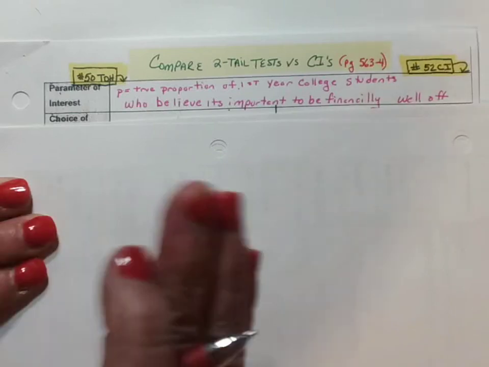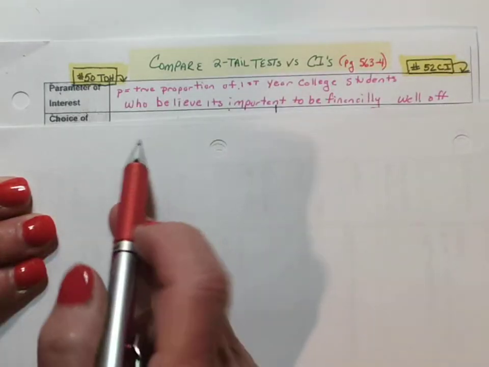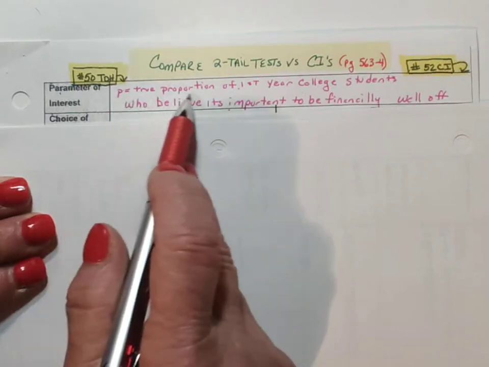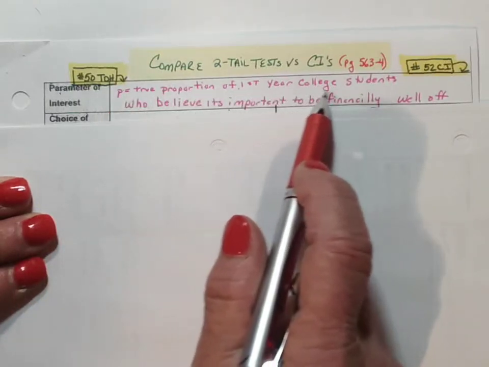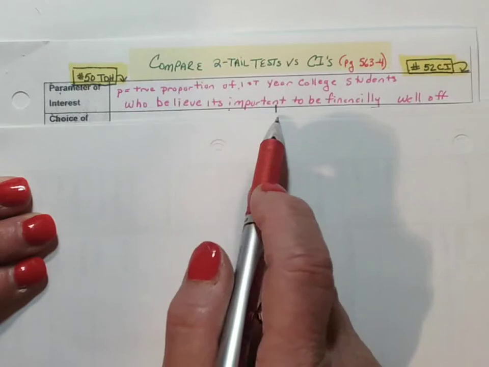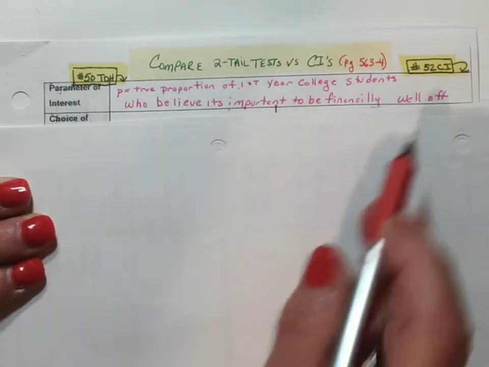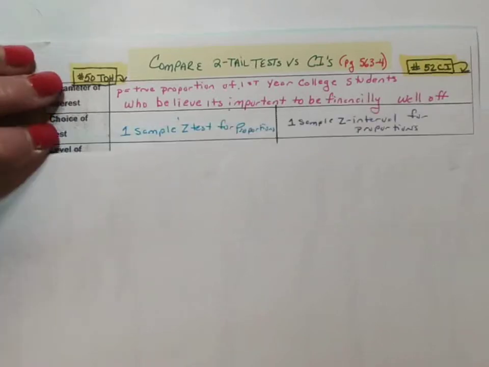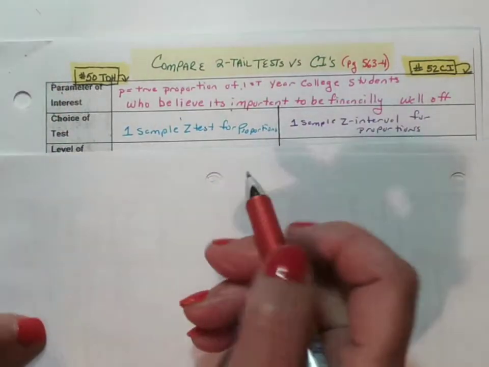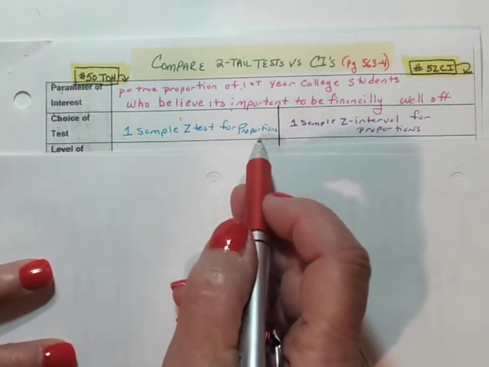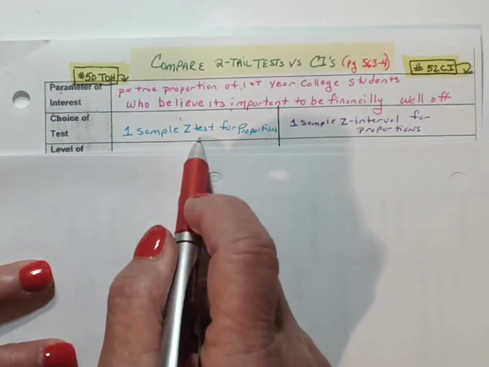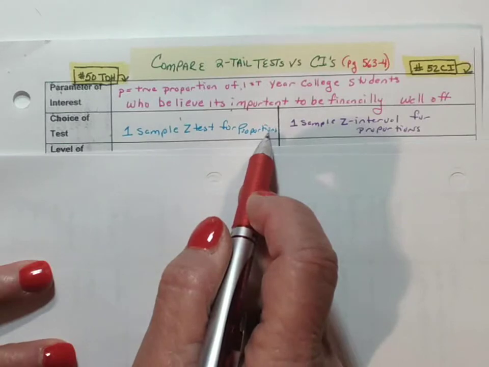confidence interval. In both cases, you must define the population parameter. And here, P is the true proportion of first-year college students who believe it's important to be financially well off. Okay. So, for a test of hypothesis, we're going to do a one-sample Z test for proportions.